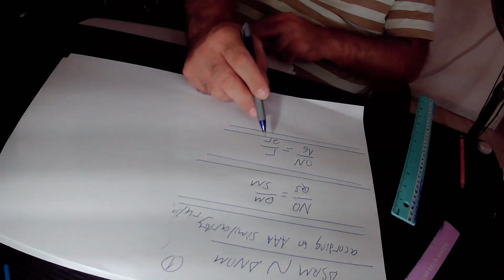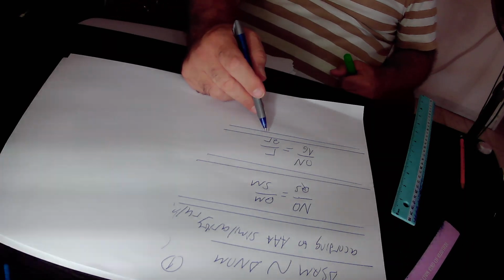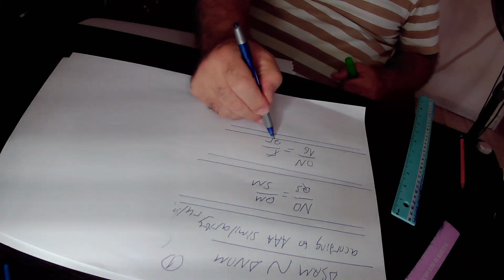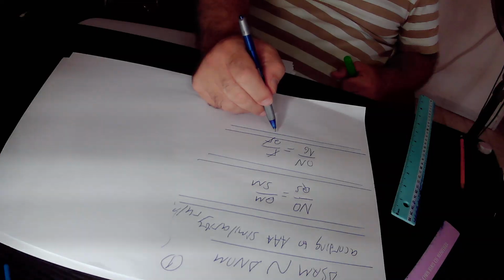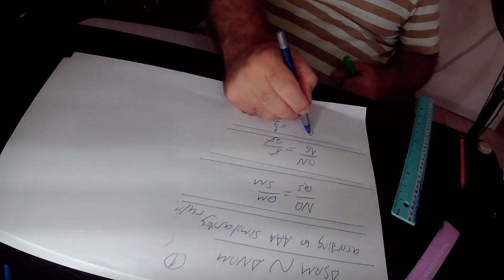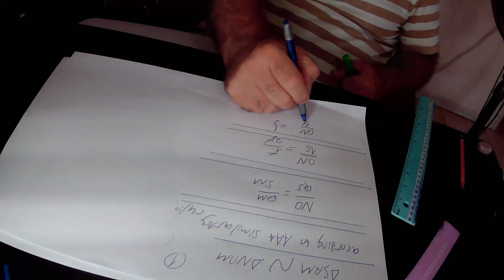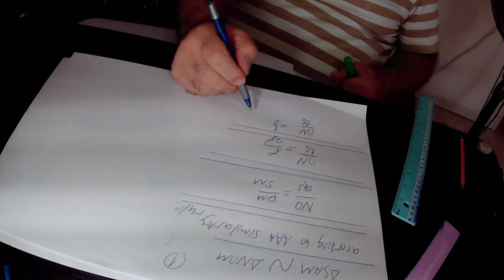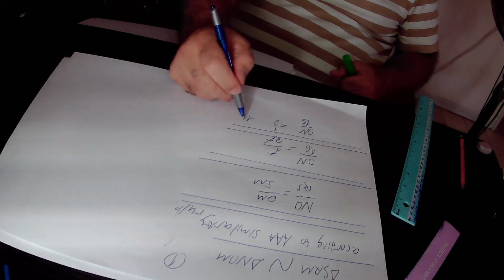We have R in the numerator and R in the denominator, so R will get cancelled. So on this end of the equation, we are left only with 1/2. So 1/2 equals ON over 16, or ON over 16 equals 1/2. Here we will multiply this equation by 16.